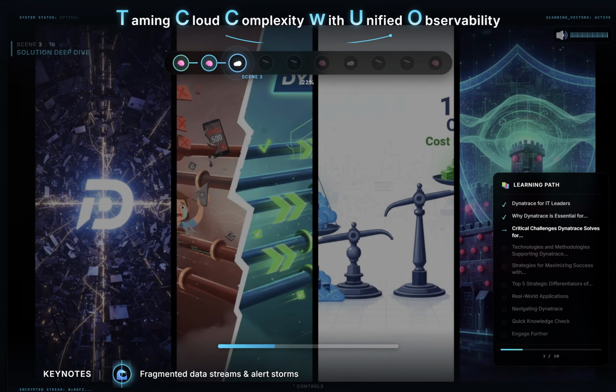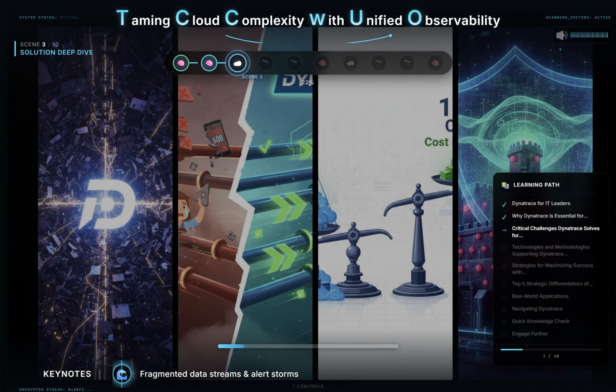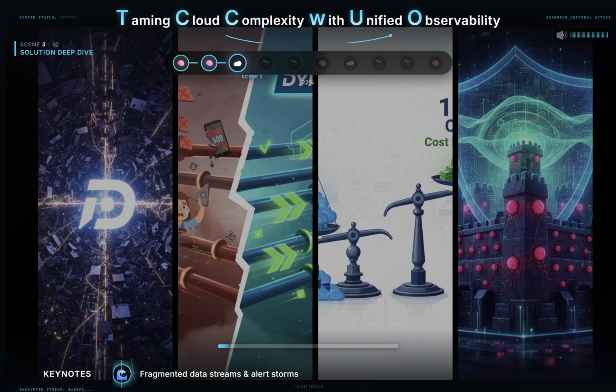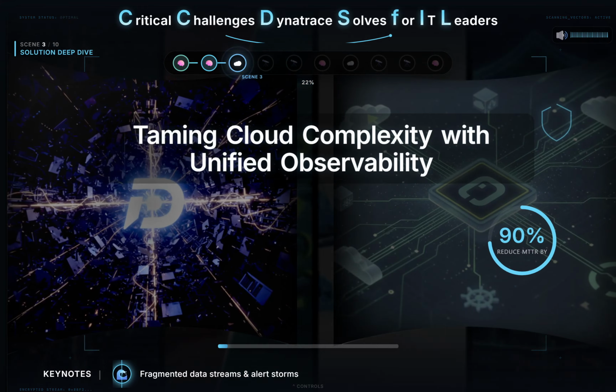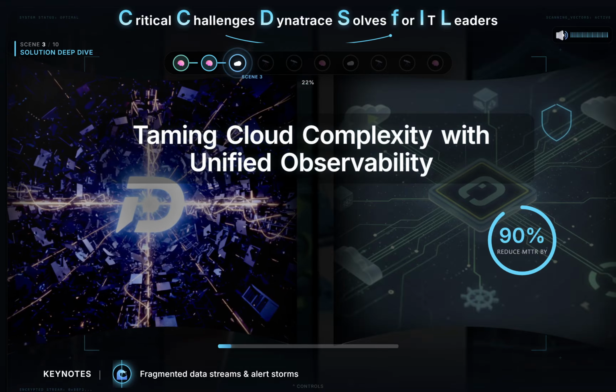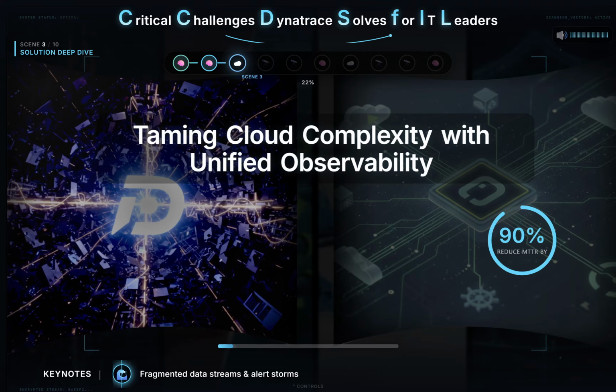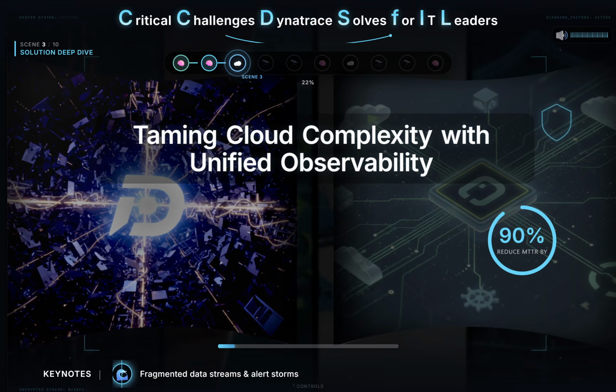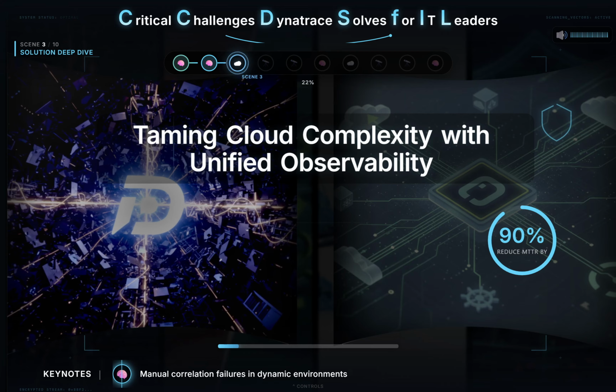We've explored why Dynatrace is essential for IT leaders, building a strategic case. But let's get down to the brass tacks. What specific, critical challenges does it actually solve? Think about the sprawling, dynamic nature of modern cloud environments, the sheer complexity, the sheer volume of fragmented data streams. It's like trying to navigate a city without a foundational blueprint, where every building moves every hour.